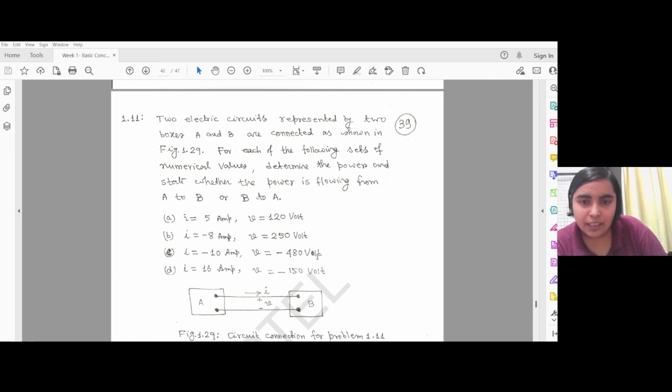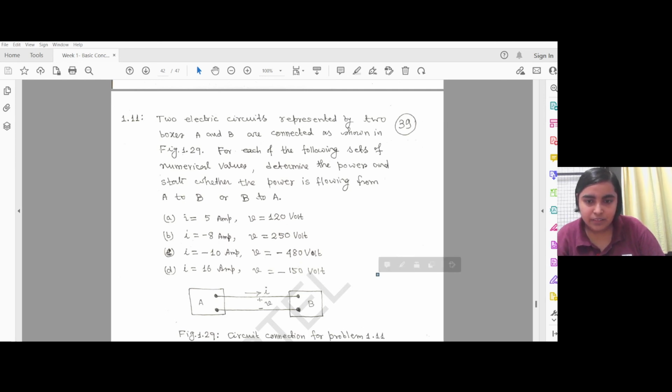In the meantime, can anyone say the answer of C? So what will be C? A to B. Right. So what happens is the current is in the reverse direction.